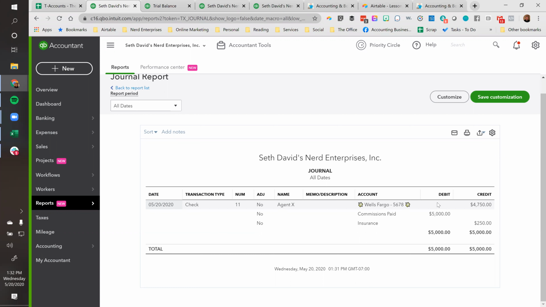So QuickBooks didn't have the right values associated with that inventory and therefore that cost of goods sold. So using this is a really good way to audit the transactions to figure out if something's wrong, and if it is, you can dig in deeper and figure out why.